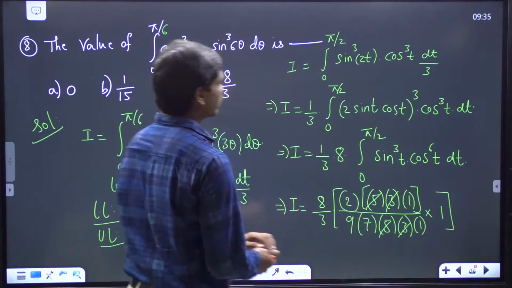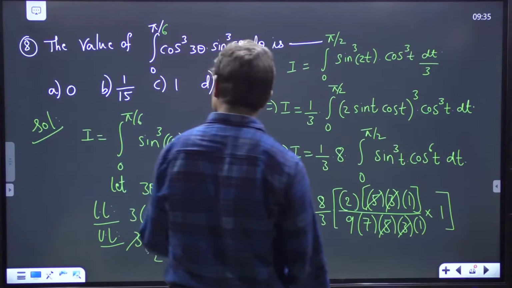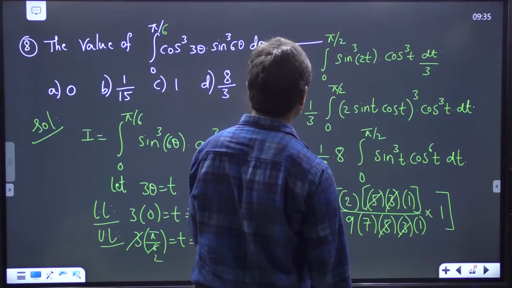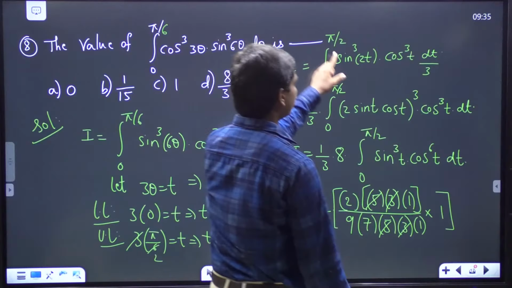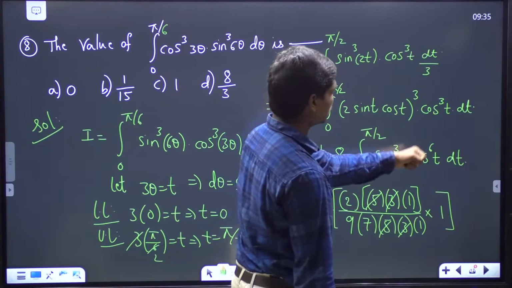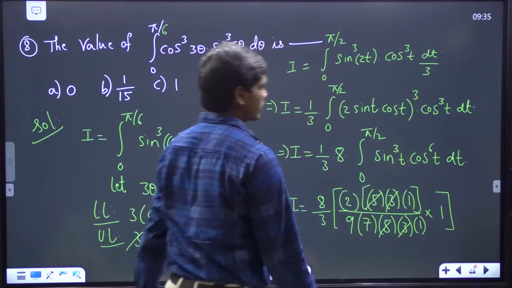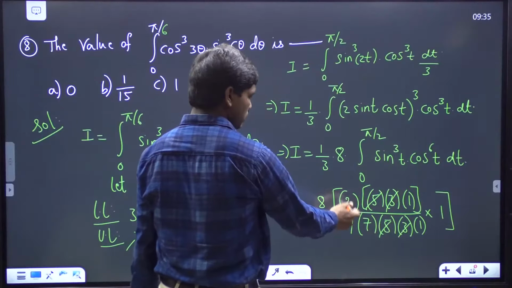Did we make any calculation error here? 0 to pi by 2, t is equal to pi by 2 then? Yeah, t is equal to pi by 2. Everything is from pi by 2. Cube, 2 cube is 8. So sin cube t into cos power 6 t dt. Okay, so if there is 3, then there is 6 here. 5 into 3 into 1, over 9.